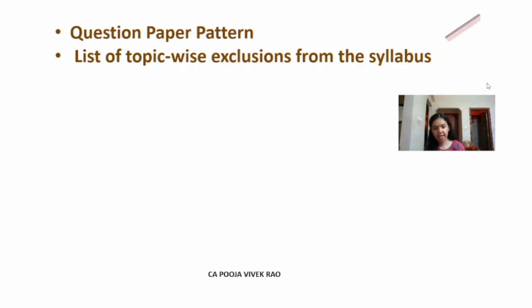And then under Ind AS 37, Appendix A and Appendix B are excluded from the syllabus. That means Ind AS 37, provisions, contingent liabilities and contingent assets, is a part of the syllabus. However, under this, only Appendix A and B are not there in the syllabus.